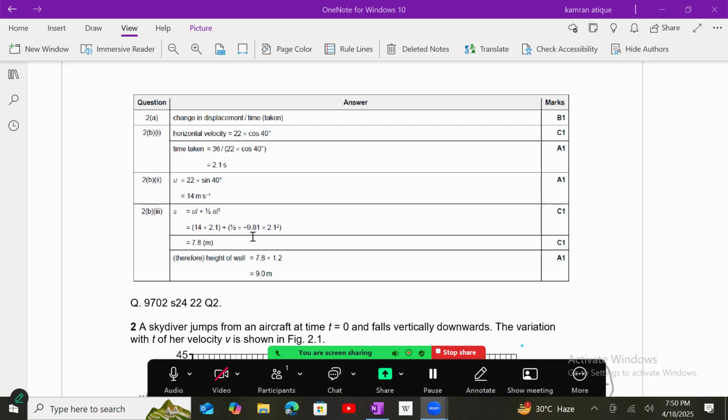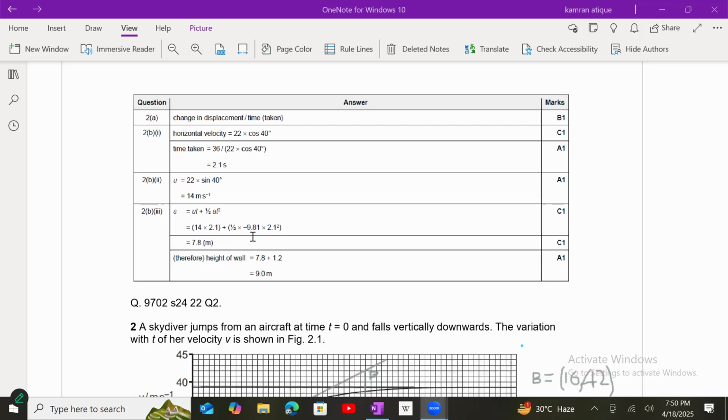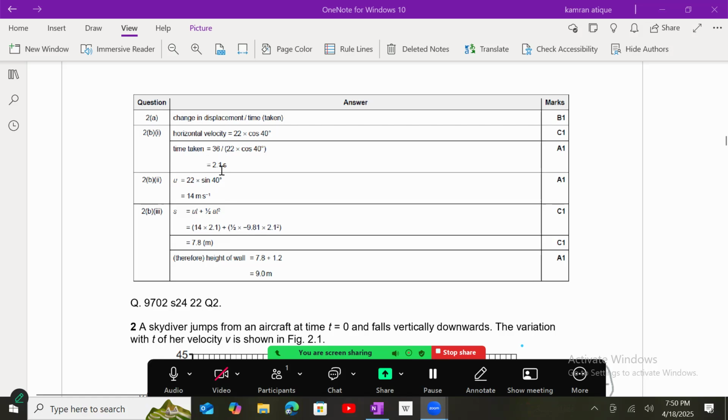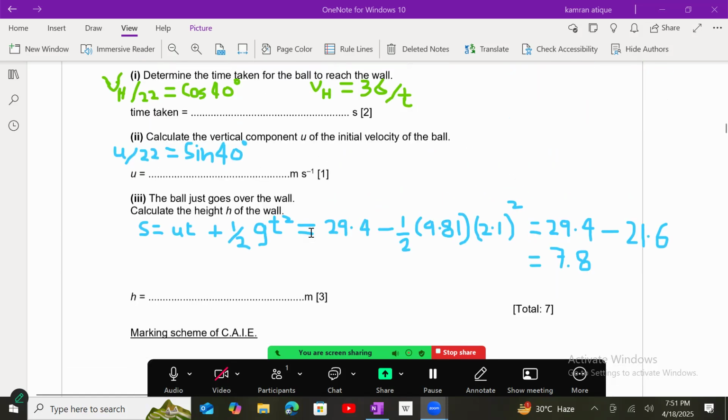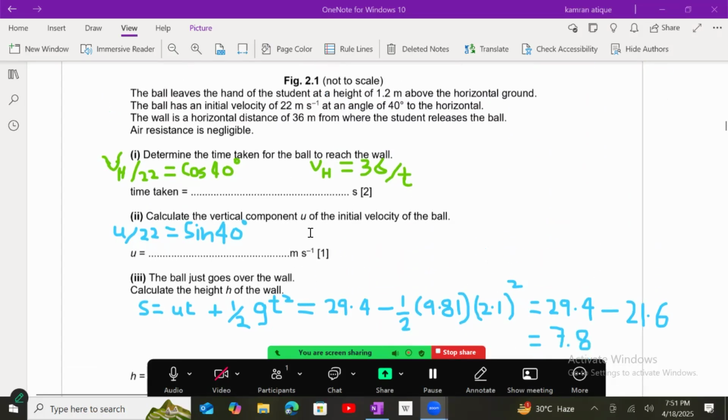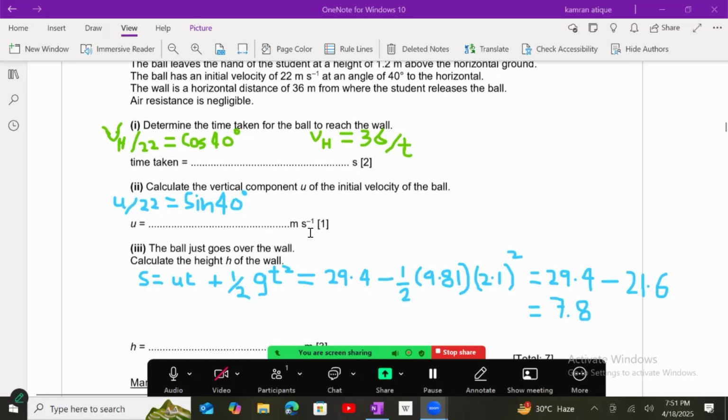And in the case of an upward journey, you always have to consider minus 9.81 instead of plus 9.81. In place of time, as we have already calculated in part B1, the value of time is 2.1, 2.1 whole squared. And by using these values, you'll see that we calculate the height equals 7.8 meters.